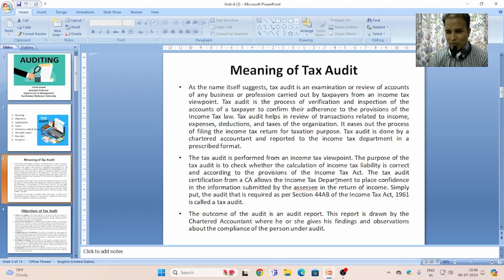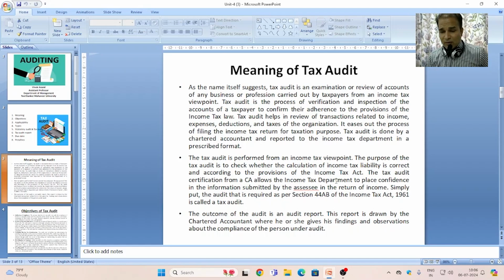So in tax audit, simply, the audit is required as per Section 44AB of the Income Tax Act 1961, and this is called tax audit. So here Section 44AB, empowered by the Income Tax Act 1961, governs tax audit.